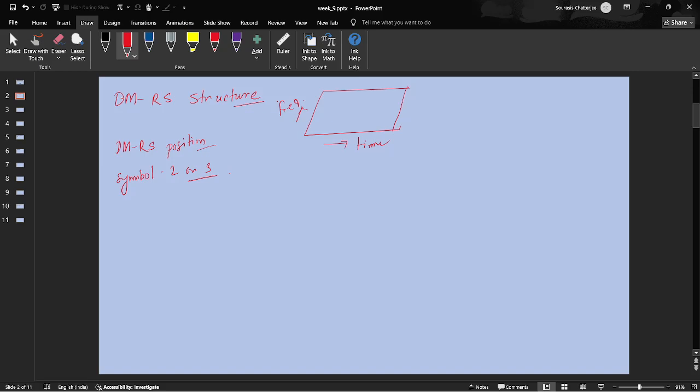Because first we have to decode the DMRS, then we get to know the channel condition. According to that, it will decode the PDCCH. So if we send the DMRS at last, the decode may fail. Can you repeat your last sentence? I missed that part.